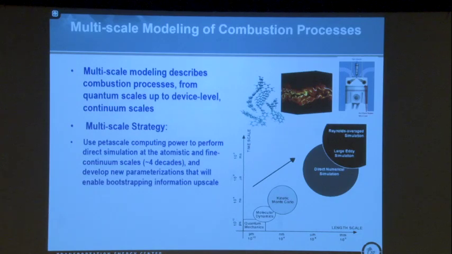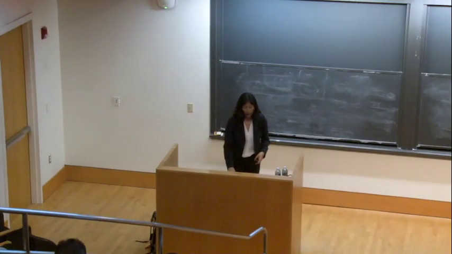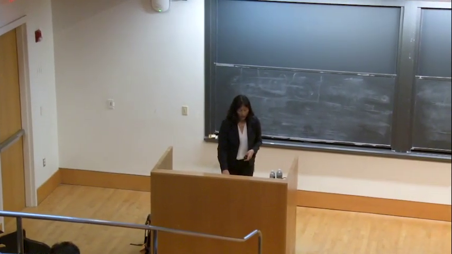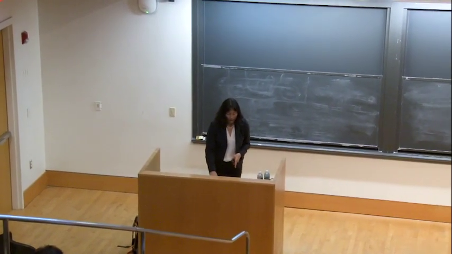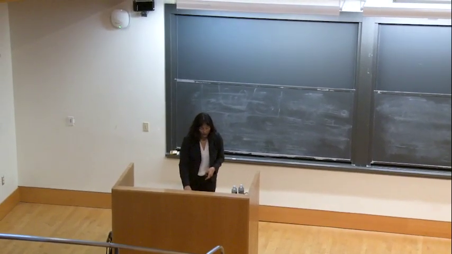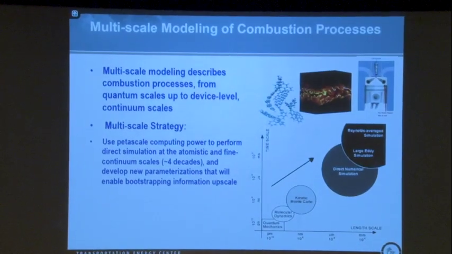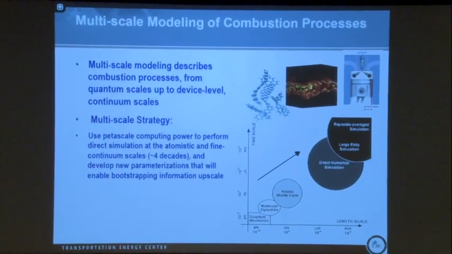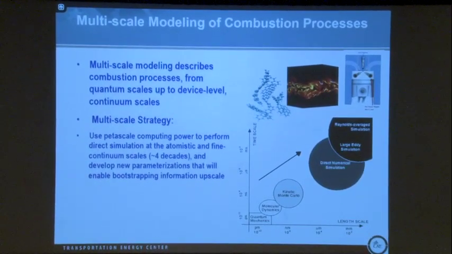And since it's so multi-scale, and we're not dealing with molecular approaches in this talk, we're dealing with mostly continuum scales. We have this moving window right now with HPC where you can directly resolve about 4 to 5 decades of scales. But you can decide where you want to put your moving window in this range.